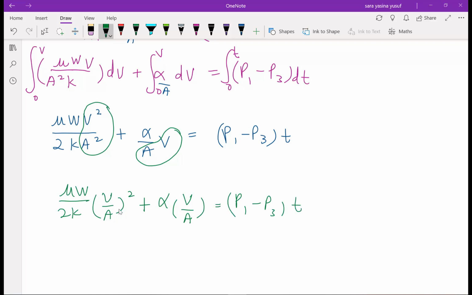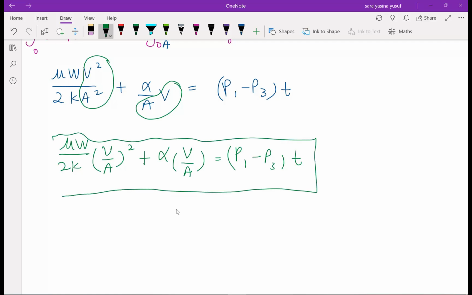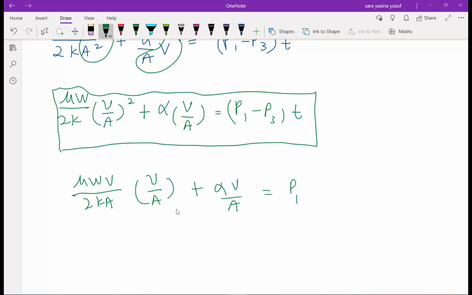Okay, so if you look at this expression carefully, you will notice this is a linear equation. Linear equation in which mu w v over 2 ka times v over a plus alpha v over a equivalent to p1 minus p3 t.